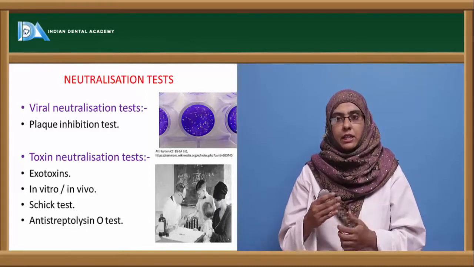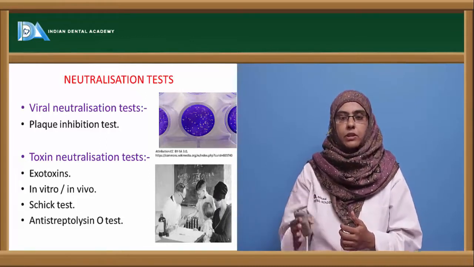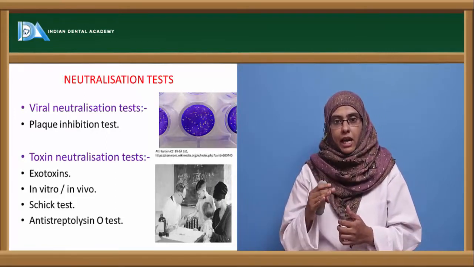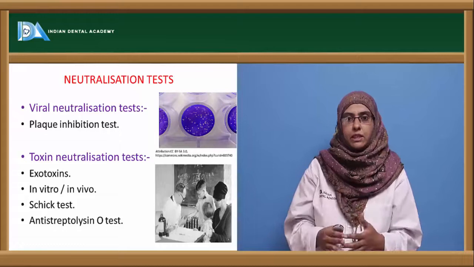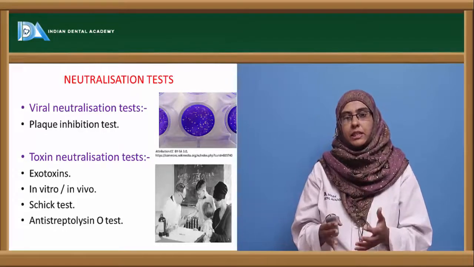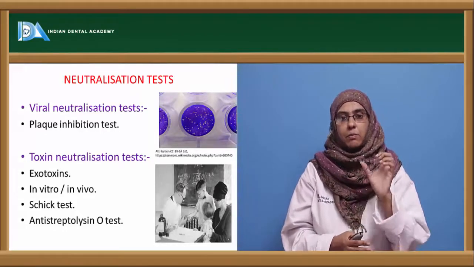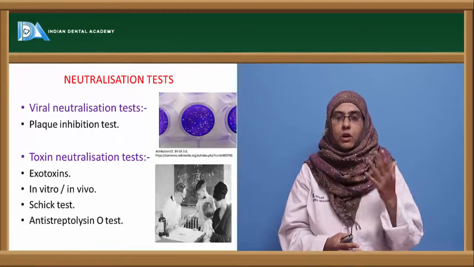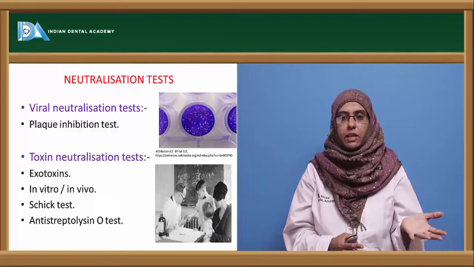So this indicates a plaque, which is a positive test for the virus pathogenesis. We can add an antiserum to that particular test and inhibit the plaques that are formed. This is called a plaque inhibition test, that is, not allowing the virus to cause the pathogenesis to the bacteria and cause the lysis.